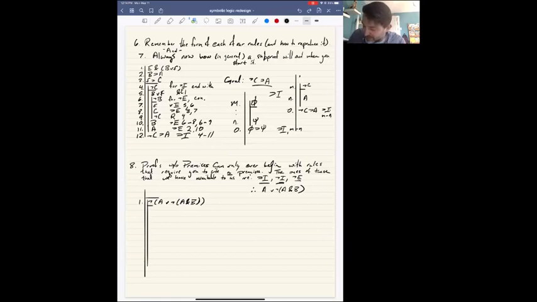So I think what we're going to do next, and so this was for negation elim, ends in contradiction. And what we're going to do next is we're going to assume not A and B. And this is for negation elim 2.